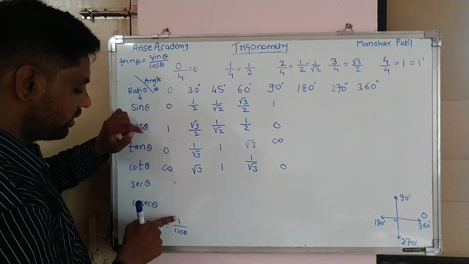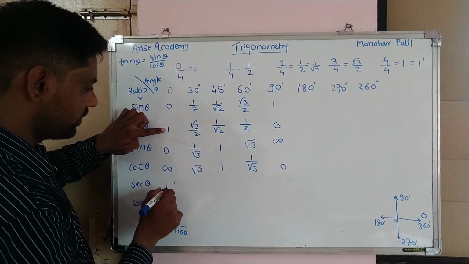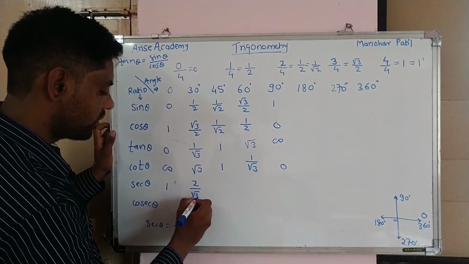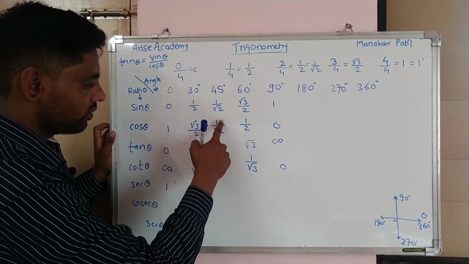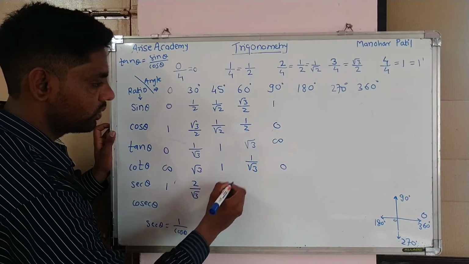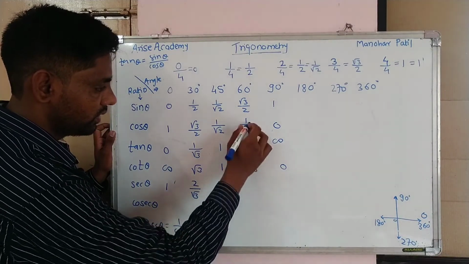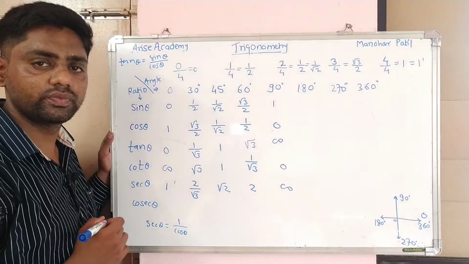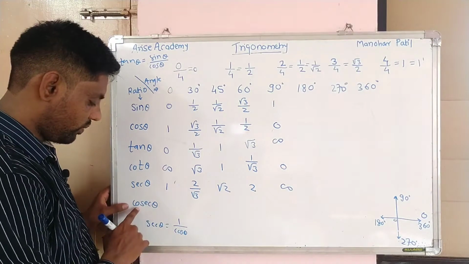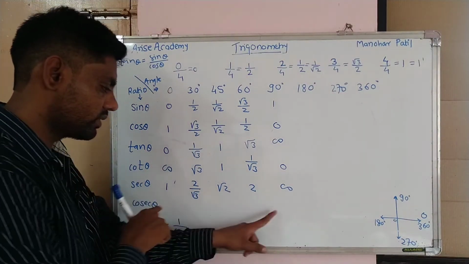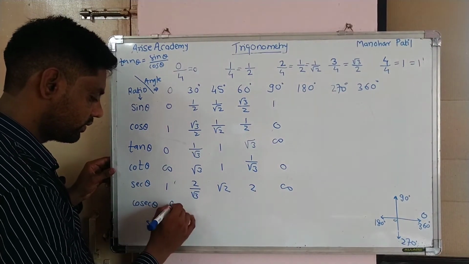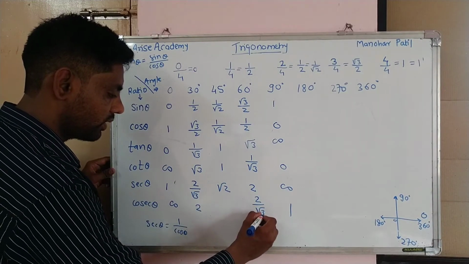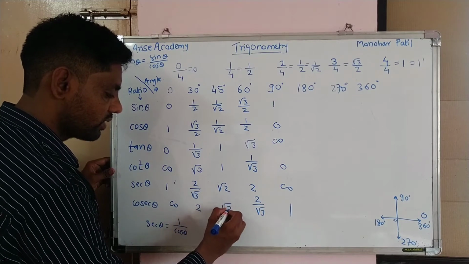So 1 divided by 1, the answer is 1. 1 divided by root 3 by 2 gives 2 by root 3. 1 upon 1 by root 2 means root 2. 1 divided by 1 by 2 gives 2, and 1 by 0 gives infinity. To find the values of cosec theta, just write them in reverse: infinity, 2, 2 by root 3, 1, and the value for 45 remains the same.